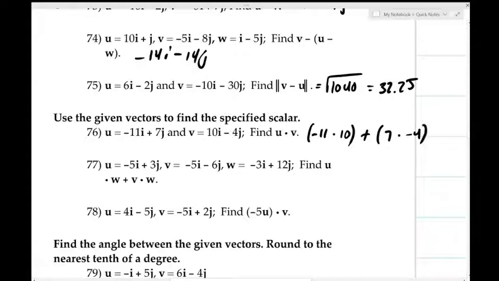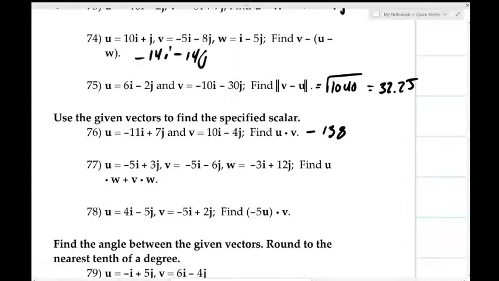So 11 times 10, 110, minus 28, right? So the total will be negative 138. Okay.